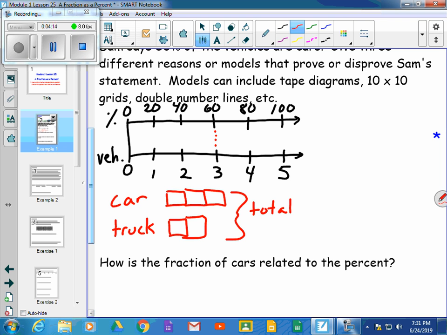If the total would represent 100%, and we divide that by 5 equal pieces, we get 20% for each of those. And then if we're talking cars, we have 3 pieces of 20, which again, 3 times 20 is 60%. So 60% of the vehicles are cars.